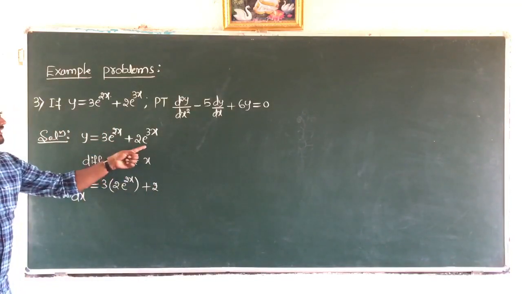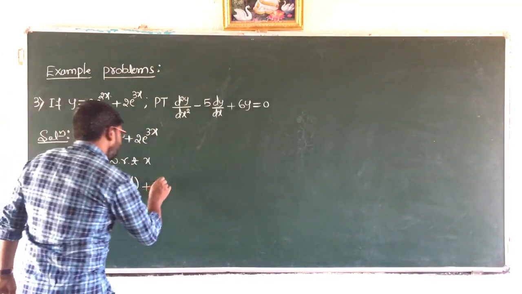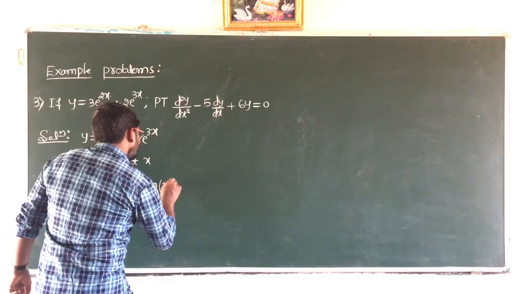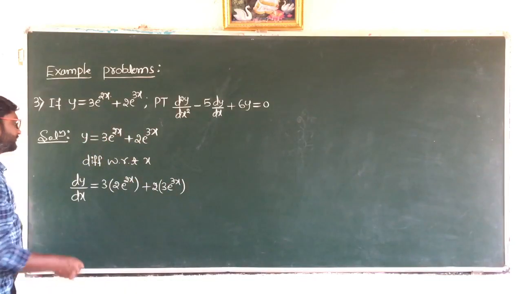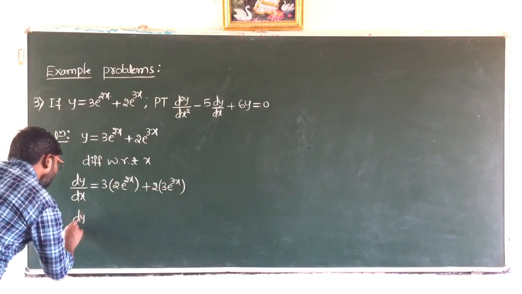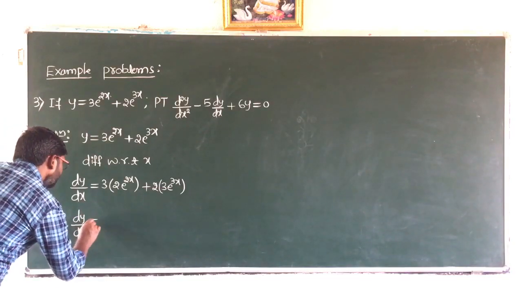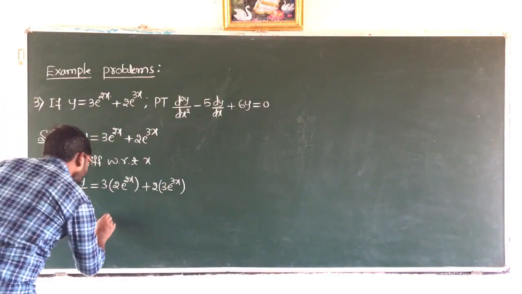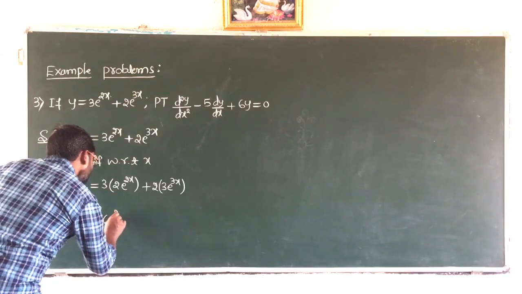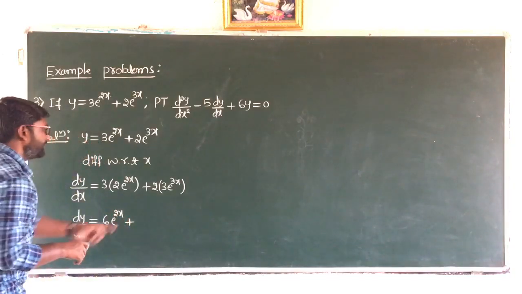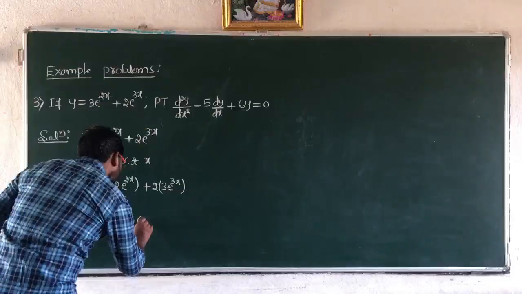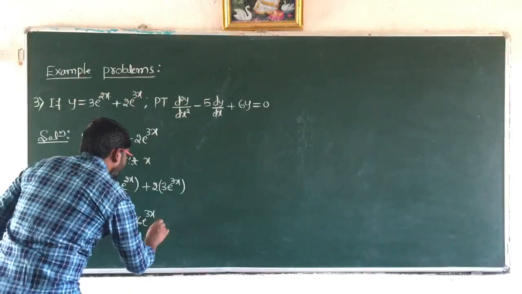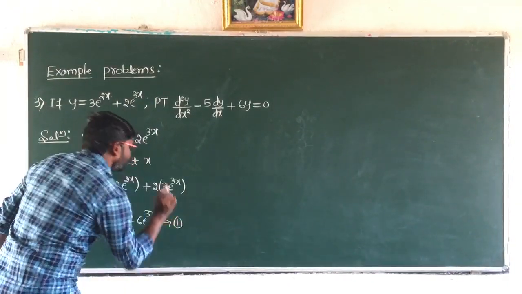Then derivative of e raised to 3x is 3 into e raised to 3x. Now dy by dx is equal to 3 into 2, it is 6 e raised to 2x, plus 2 into 3, it is again 6 e raised to 3x. So let us call this equation number 1.